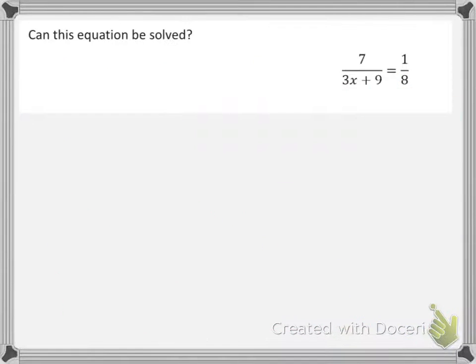All right, so let's try it again on the next question. We're going to use means extremes again. So 7 times 8, that's 56, is equal to 1 times 3x plus 9, which is just 3x plus 9. And then we can isolate our variables.